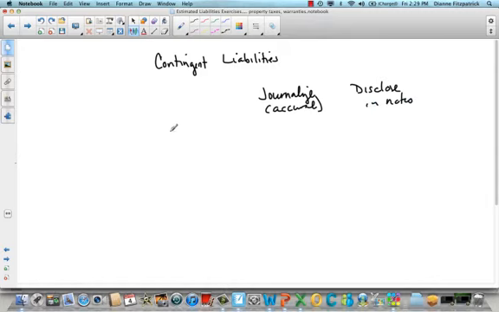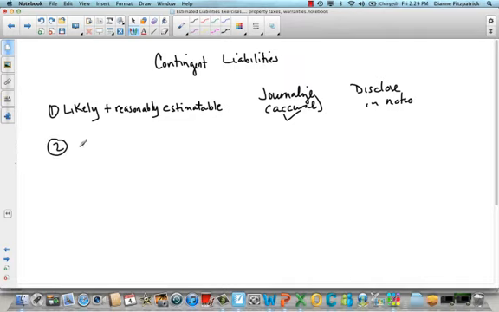So we know that if it's likely there's going to be a situation, it's likely and you can estimate it. And if it's reasonably estimatable, then you're going to accrue.